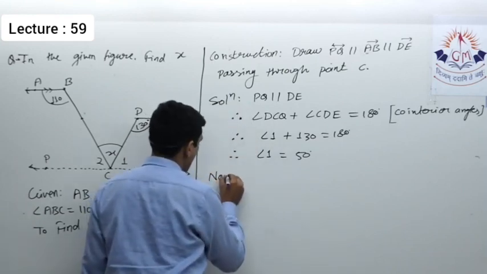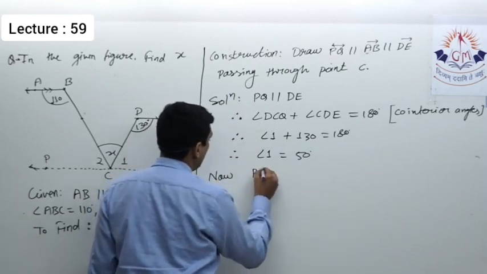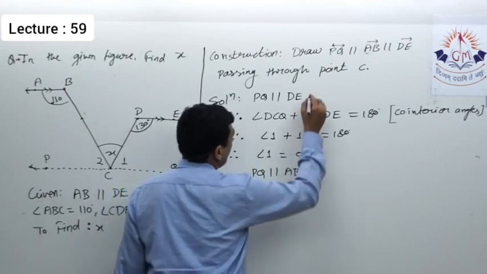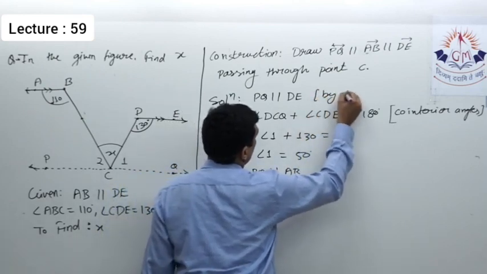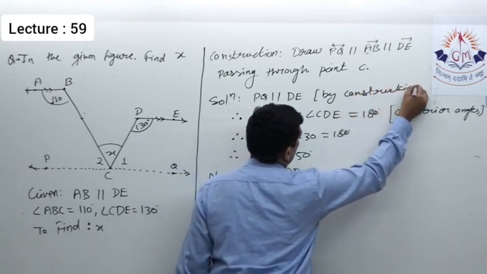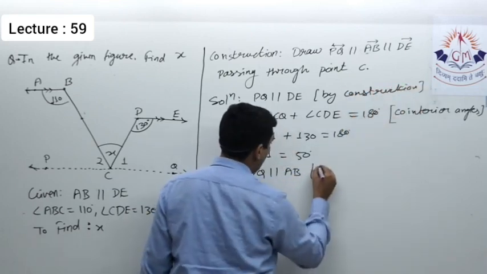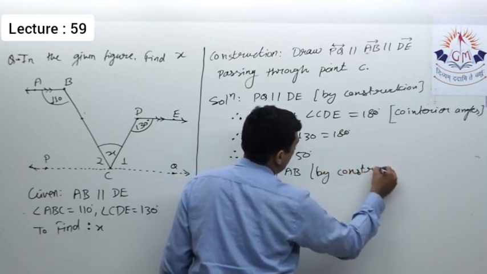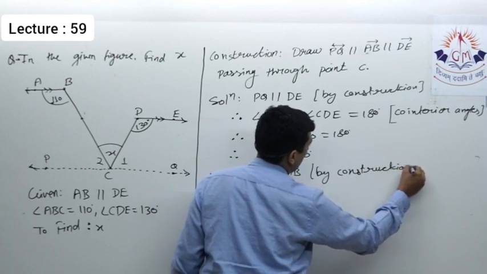Now again I can write PQ parallel AB. Why PQ parallel DE? By construction. Similarly, here I can write by construction. Whatever you write, you have to write the reason beside that.